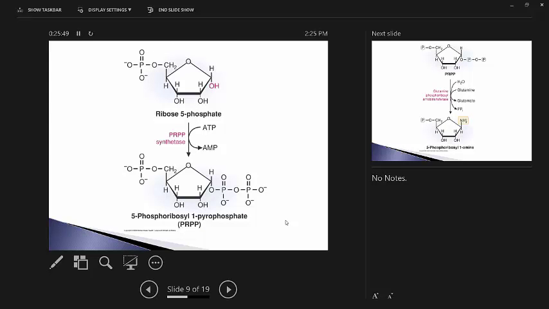Okay. So ribose 5-phosphate, this step is PRPP synthetase. ATP makes this, and we make PRPP. We're going to actually see PRPP is used for salvage pathways. Salvage pathways are once we make the purines, or ingest them. Most of the time we make them.